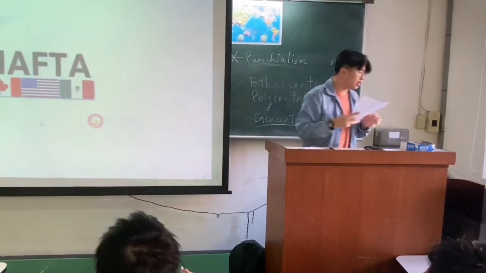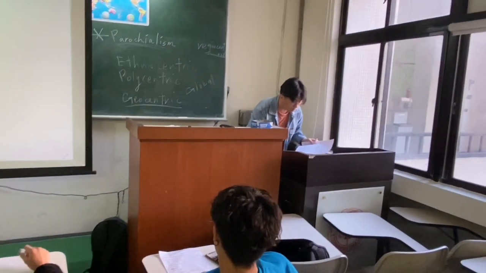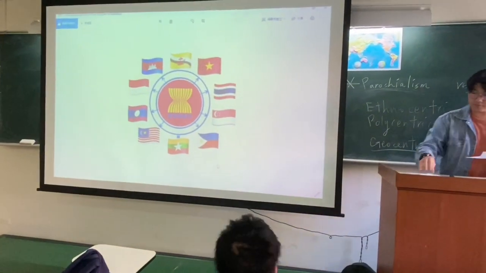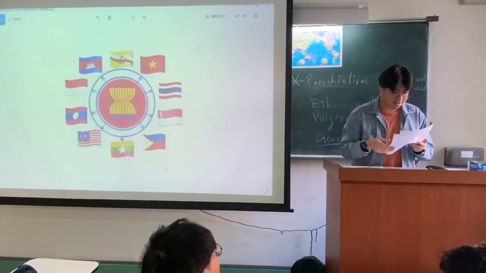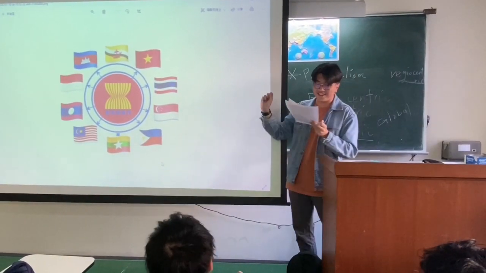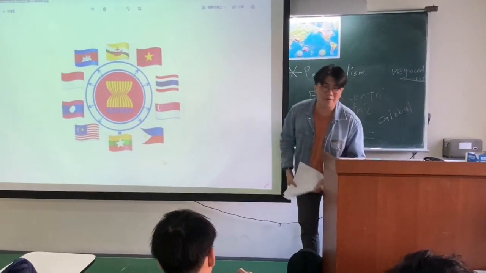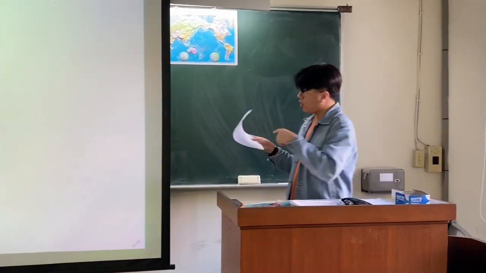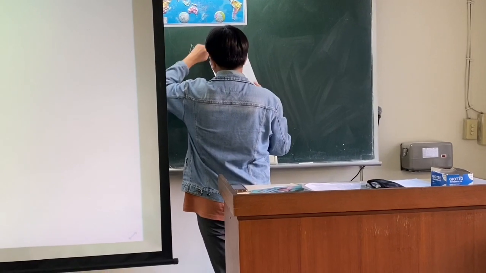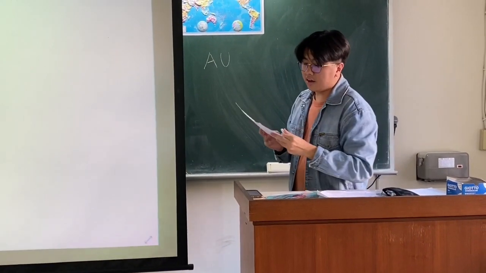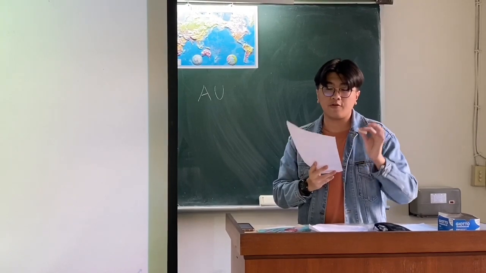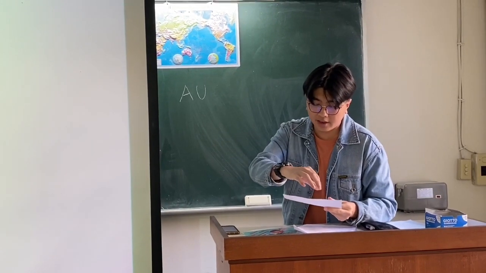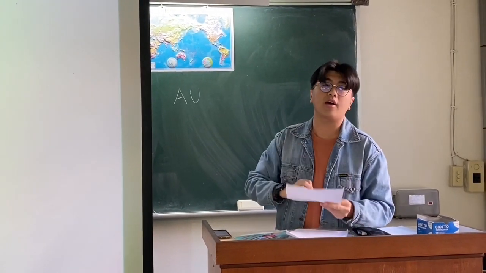Then another one is the South Asian Association for Regional Cooperation. And I'm going to talk about other trade alliances. The first one is the AU, which means the African Union. It consists of 55 nations in Africa, a political, economic, and military entity.